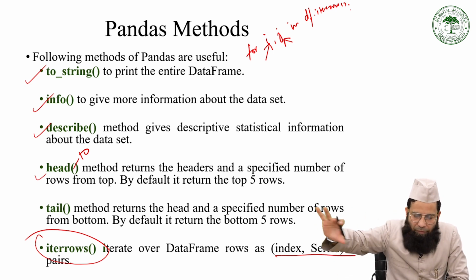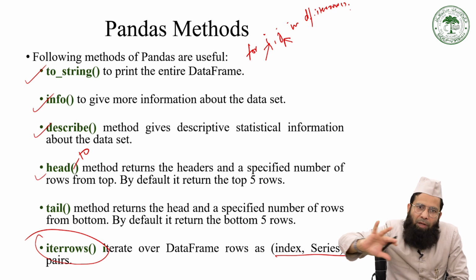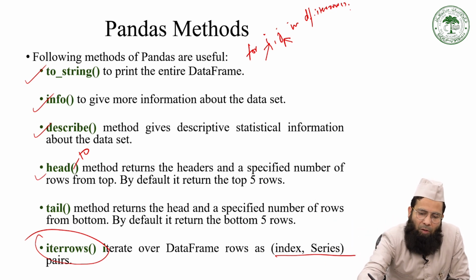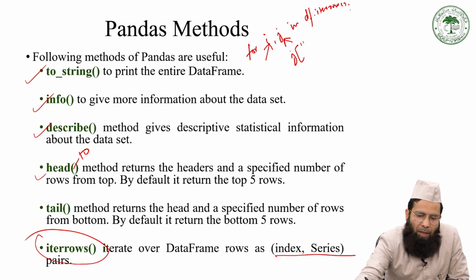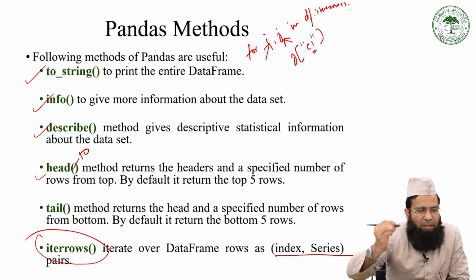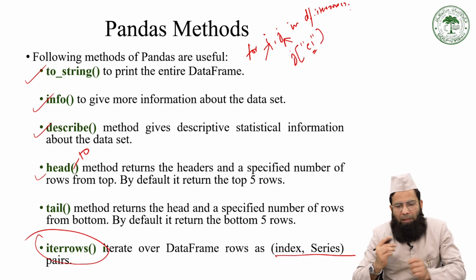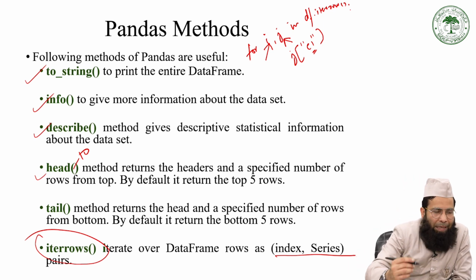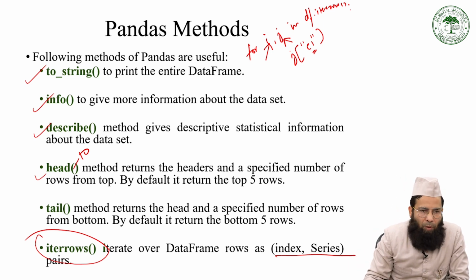So if suppose in your data set you are having 10 columns, individual columns I can access using j, and let's say the very first column name is c1, so I can access the very first column in this case. So this we can use to read individual rows and columns.